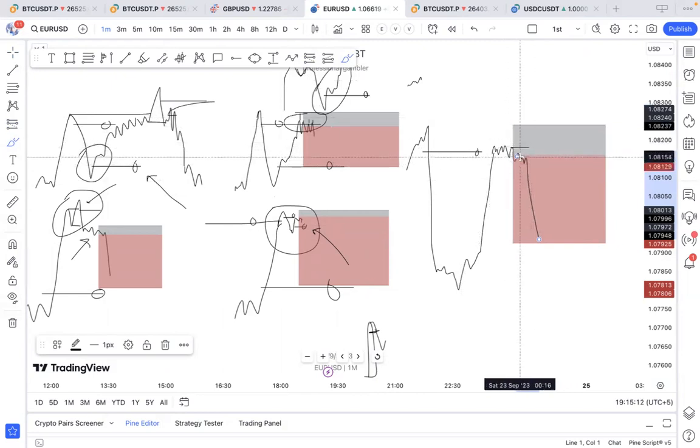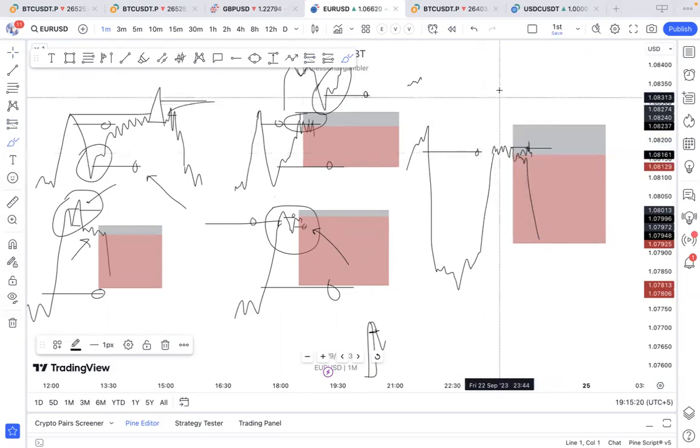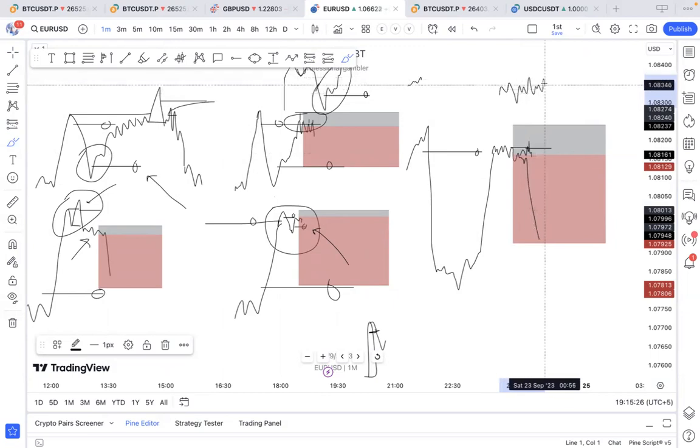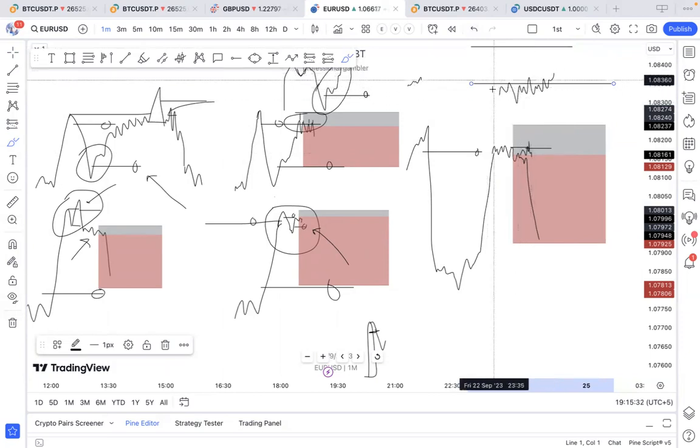If it makes wicks above, then it's no issue. But if it starts to break down, make wicks, but then doesn't break down and starts to hold the lows, then you have to exit, right? I want you to understand your risk is so low.